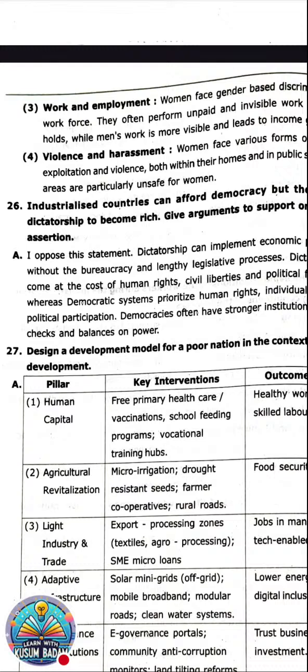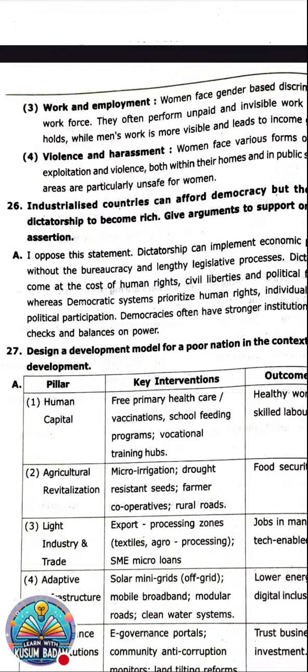Whereas a democratic system prioritizes human rights, individual freedom, and political participation. Democracies often have stronger institutions that provide checks and balances on power. So what they said is, if there is a dictator or a king, they will just implement the economic policies. Whatever they say, everyone has to follow.